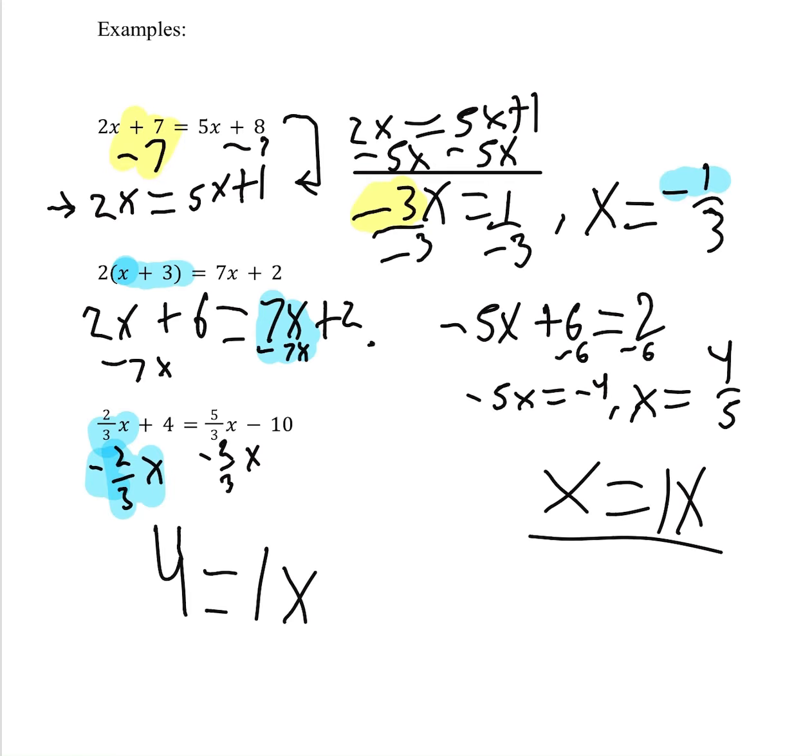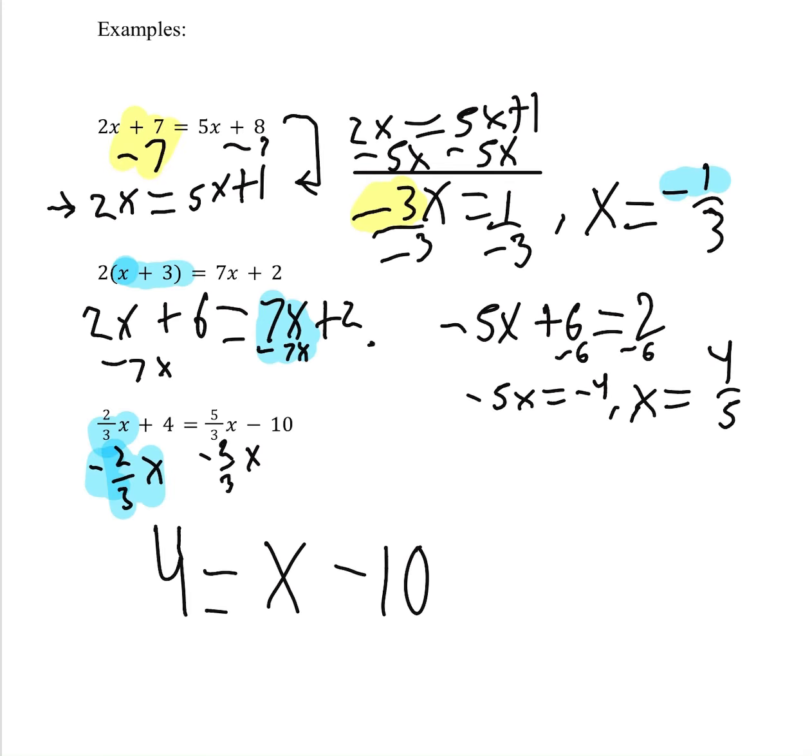Okay? So x is really the same thing as 1x, but we just don't write it like that. There's a lot of little subtleties that you just don't write certain things. So I'm going to get rid of that 1.